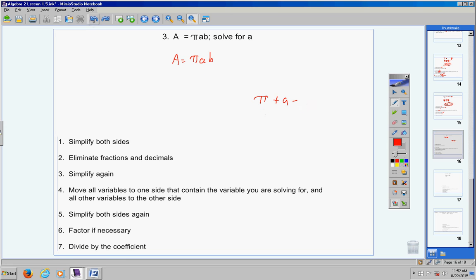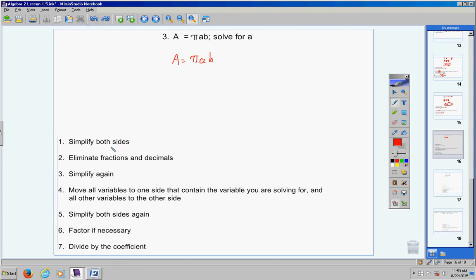If you had pi plus AB, that's 2 terms. That'd be 1 term here and 1 term here. Got it? If something's multiplying, there's still 1 term. So all of these are multiplying. There's no positive or negative signs. That is all 1 term. Please don't forget that. That's very, very, very important.